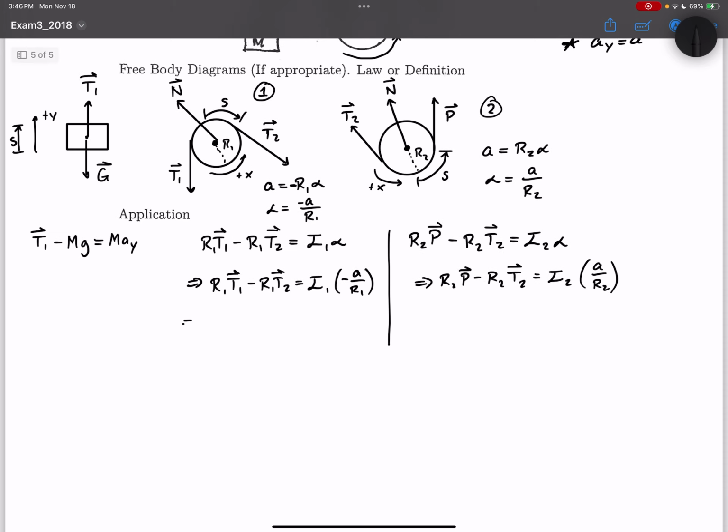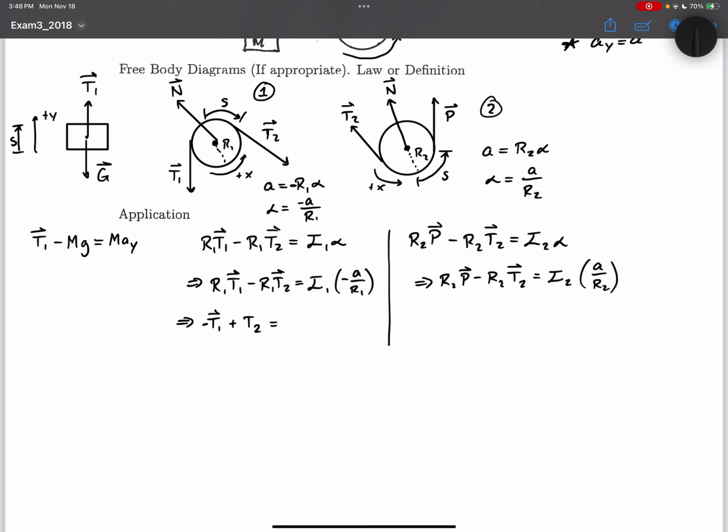Then we can go a step further and divide the R1s over, and put the negative over here to make T1 positive. That way we can cancel out the T1 when we add all these together.